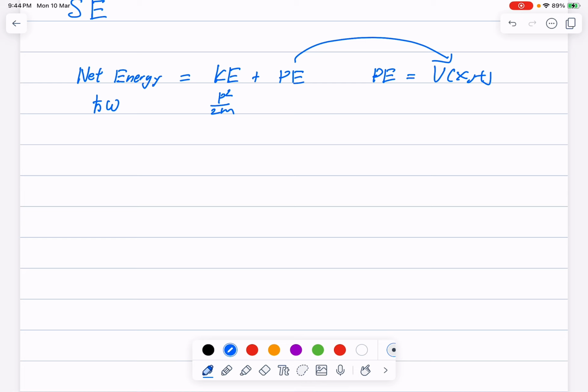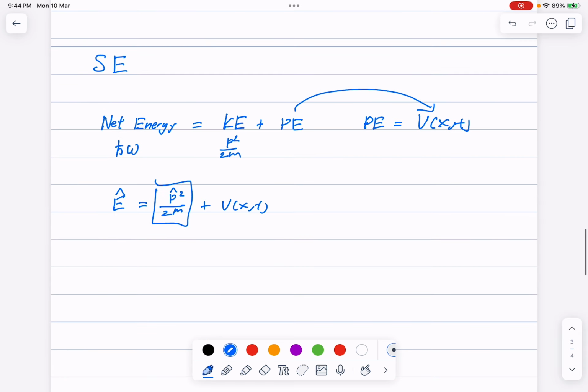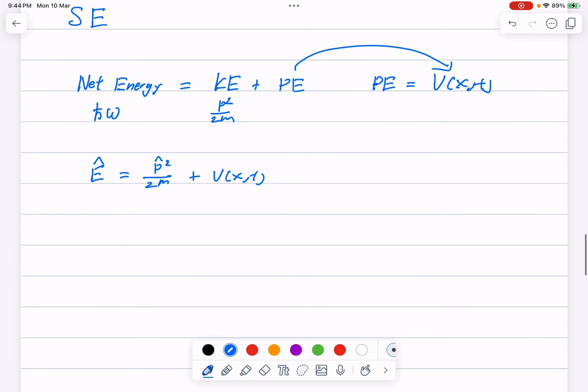What we have here is E hat equals p hat squared over 2m plus V(x,t). Notice how I got this part: it is from up here, and it is equivalent to p hat squared over 2m. So this is our equation in operator form.